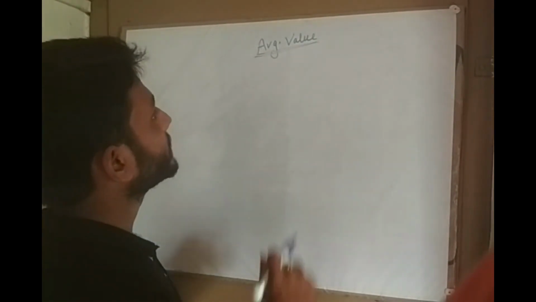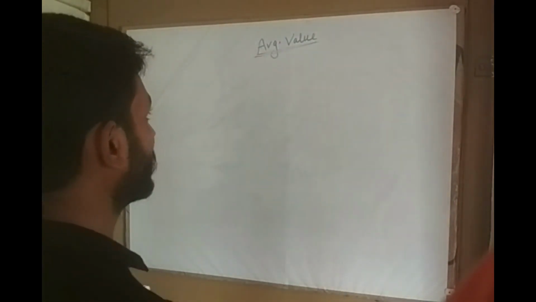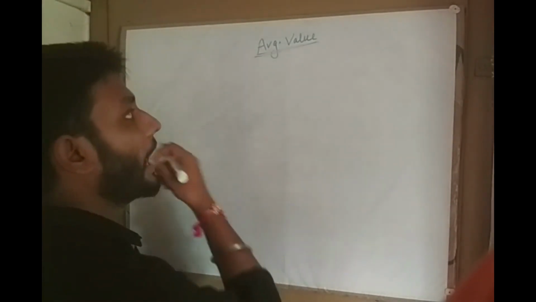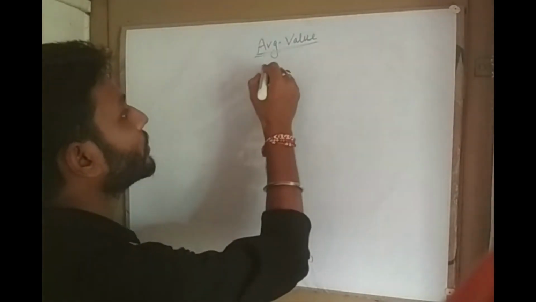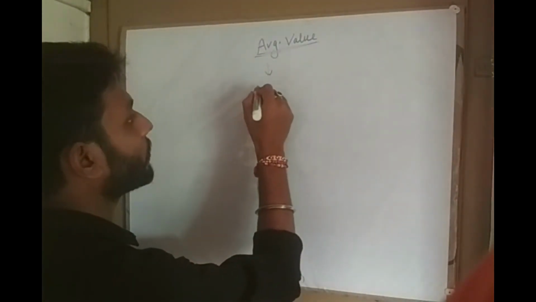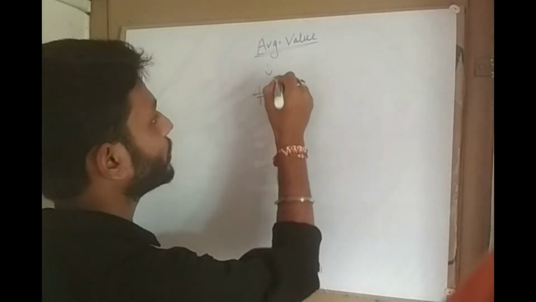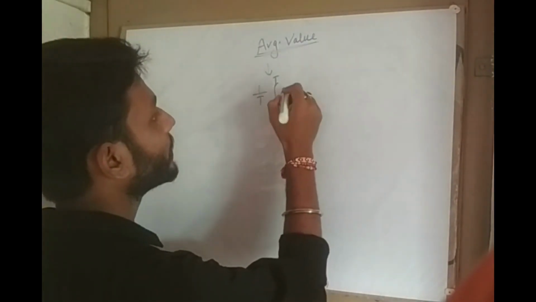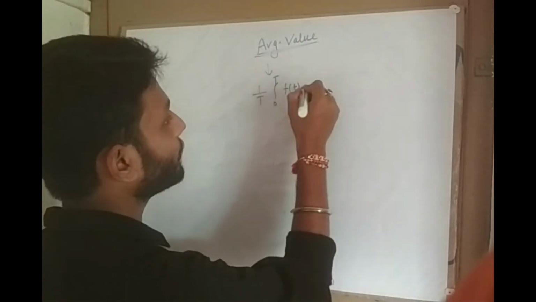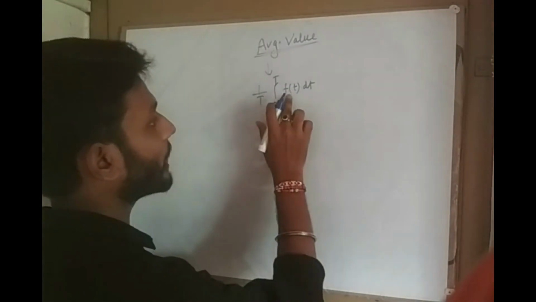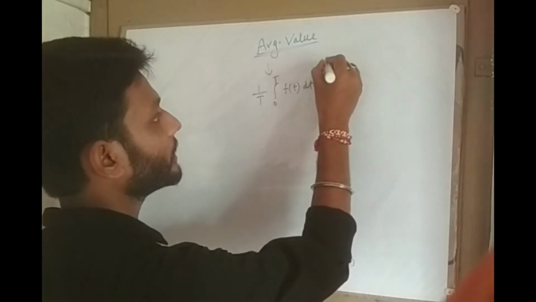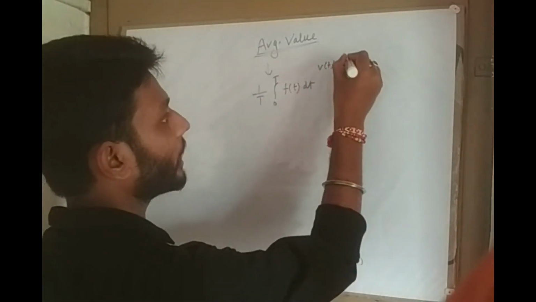Now we will discuss the average value. Average value or mean value, we have already seen the formula is 1 by T integration over 0 to T of f of t dt. This function may be v of t or i of t.